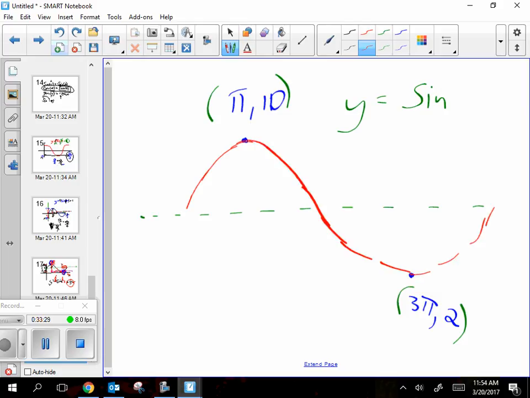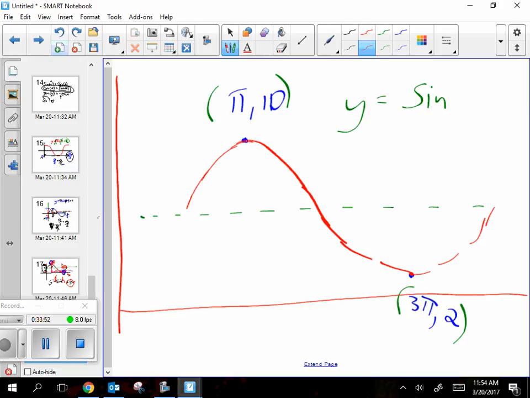There. Now I got a sine wave. And then where's the x and the y-axis? Well, the y-axis is over here somewhere. I don't even know exactly where. The x-axis, well, at least this much, this is up 2, right? 2 up off of the x-axis. So the x-axis must run along like that somehow. So my whole graph has been shifted up.